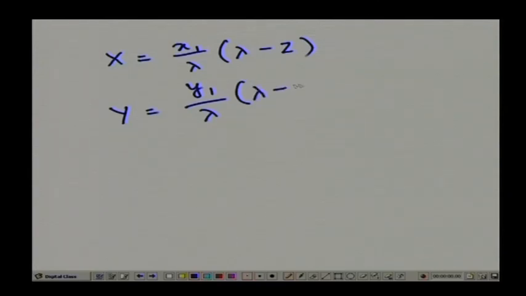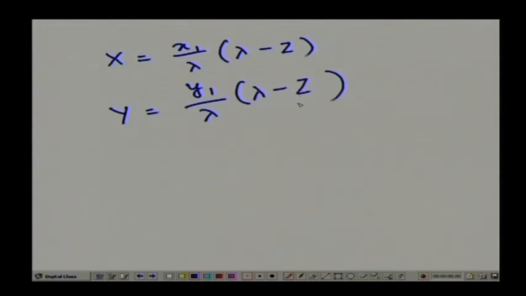And once I know this depth value, I can also find out the x coordinate and y coordinate of the 3D point W with respect to the 3D world coordinate system, for which we have already seen the equations are given by x equal to x 1 by lambda into lambda minus z and y equal to y 1 by lambda into lambda minus z.